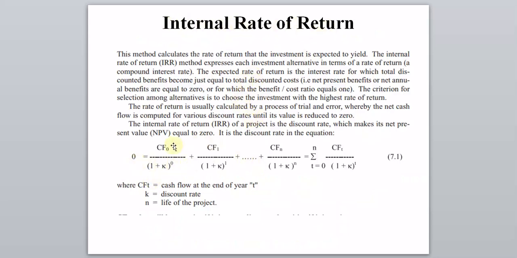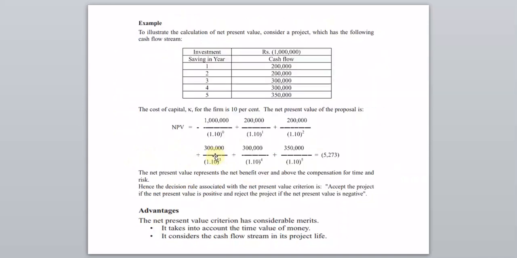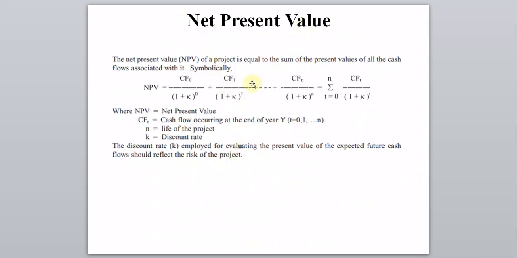If we study the internal rate of return, the formula is given here. This formula is quite similar to the net present value. We have already seen net present value equals the sum of CF suffix t, the cash flow, divided by (1 plus k) to the power t, where k is the discount rate and t is the life of the project or time period.